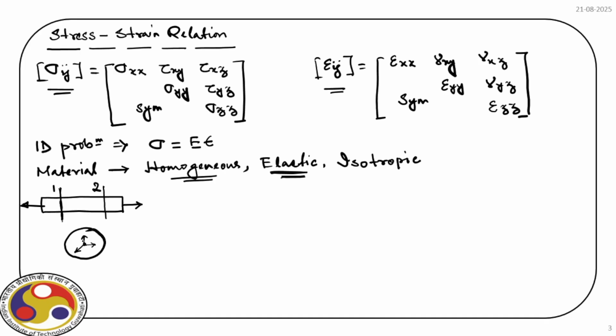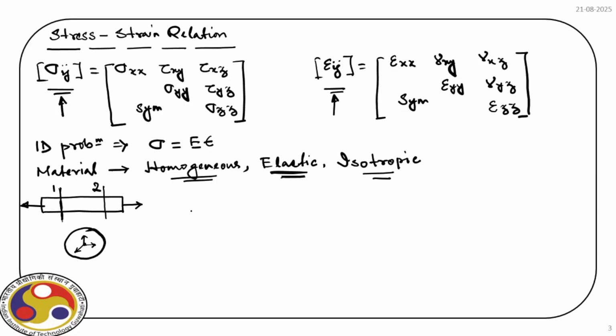Now, the material property, if it is same along all three directions, we call it an isotropic material. So we define homogeneity, elasticity, and isotropy, right? Now, with that description, let us try to correlate these two matrices for stress and strain.